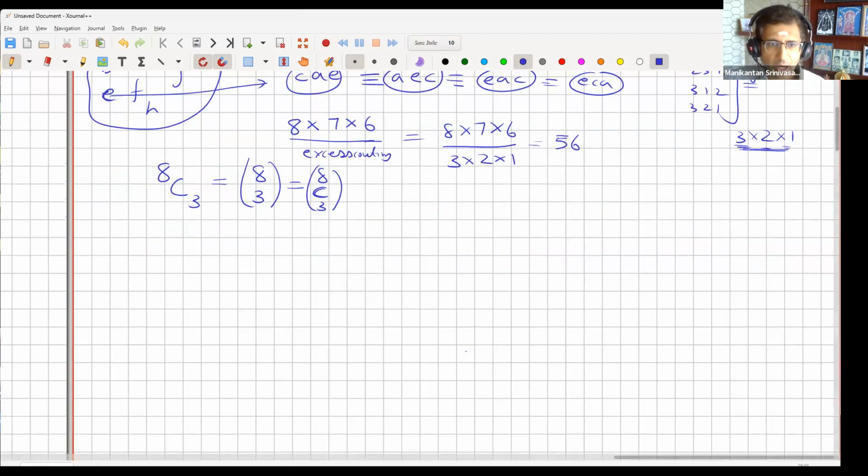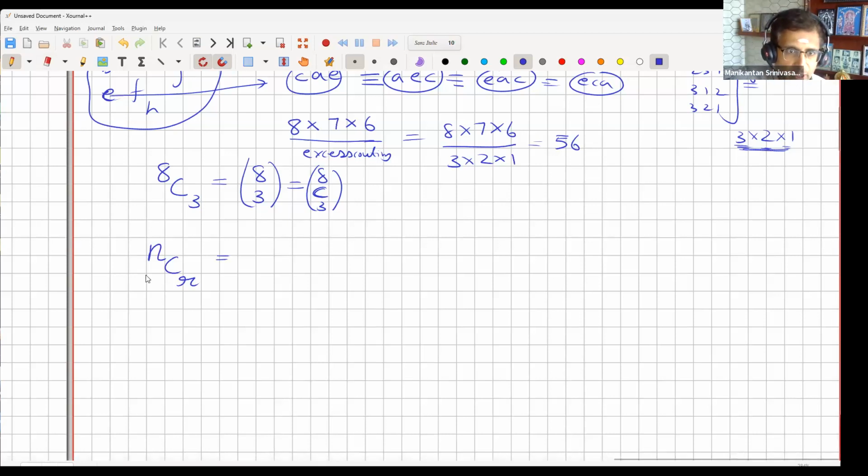Okay. Now, how do I generalize? Suppose I have to choose n choose r. Or okay, actually let's take one other example. Suppose I have to choose 4 books out of 100. 100 choose 4.